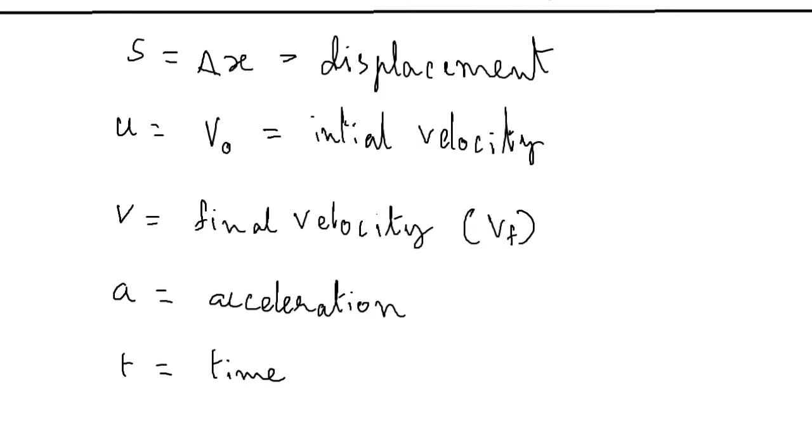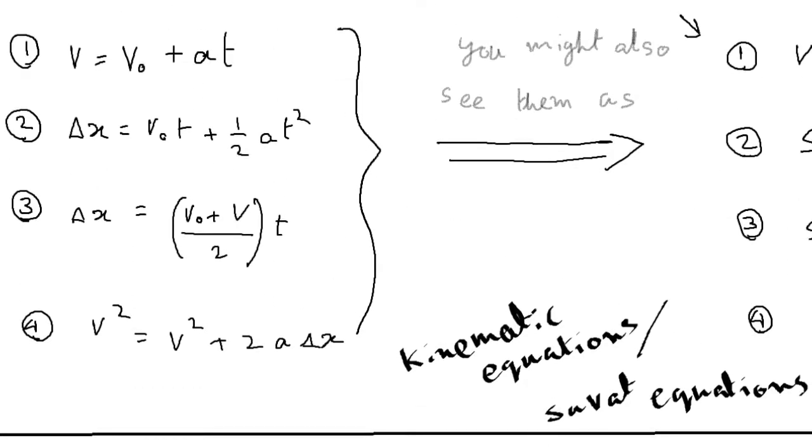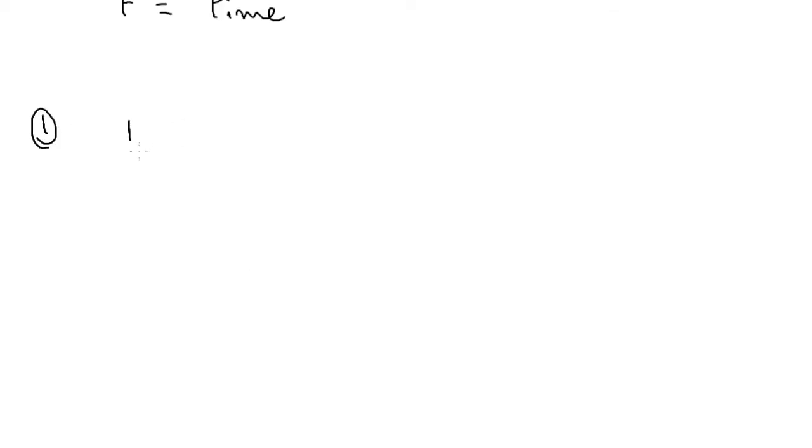Now, I'm going to walk you through a step-by-step derivation of all these kinematic equations, first using algebra and then using calculus. The first: final velocity is equal to initial velocity plus acceleration times time. So how can we approach it? The acceleration of an object is determined by delta v over t.